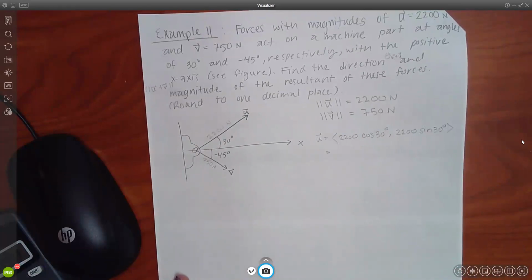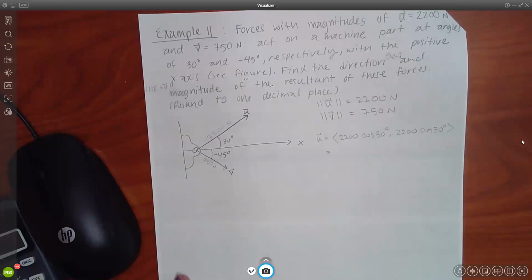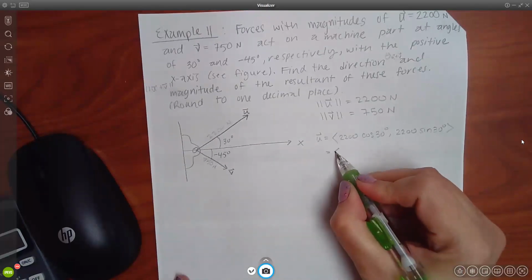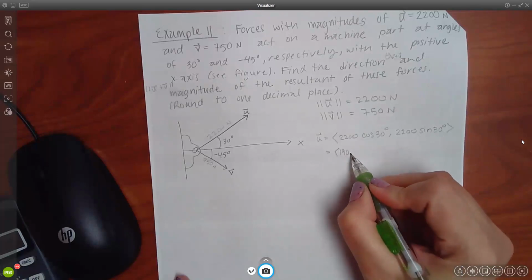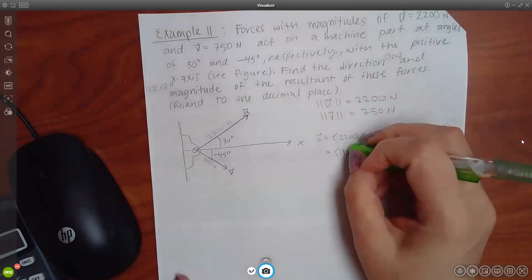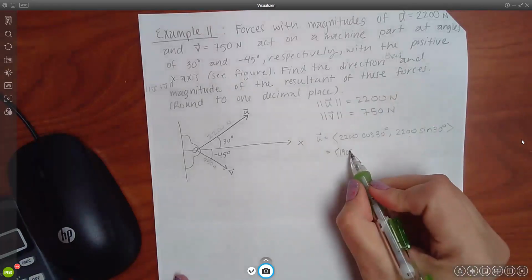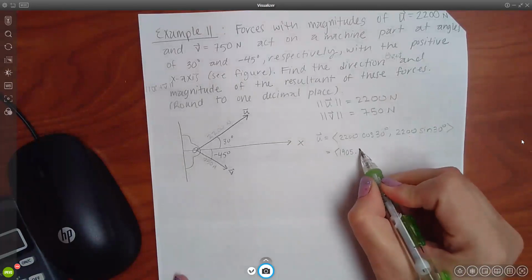I'm not sure what these values are, but I'm going to type them in my calculator. So I am in degree mode. Oh no, this calculator goes backwards. Cosine of 30 times 2200. So I get this decimal, 1905.1905. Double check in your calculator that you get the same value as me.